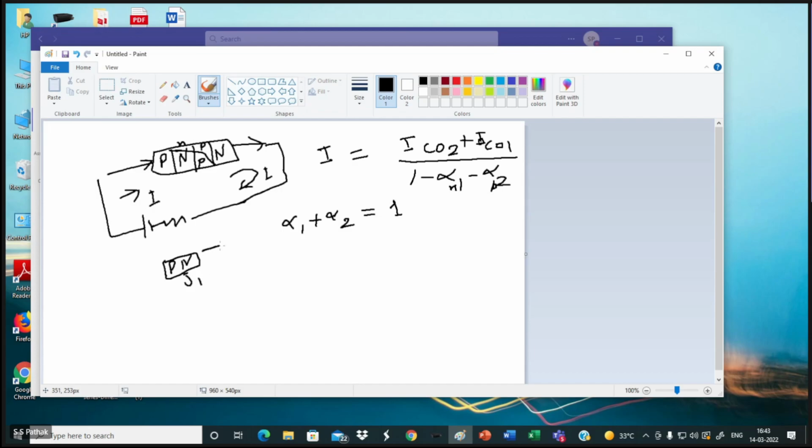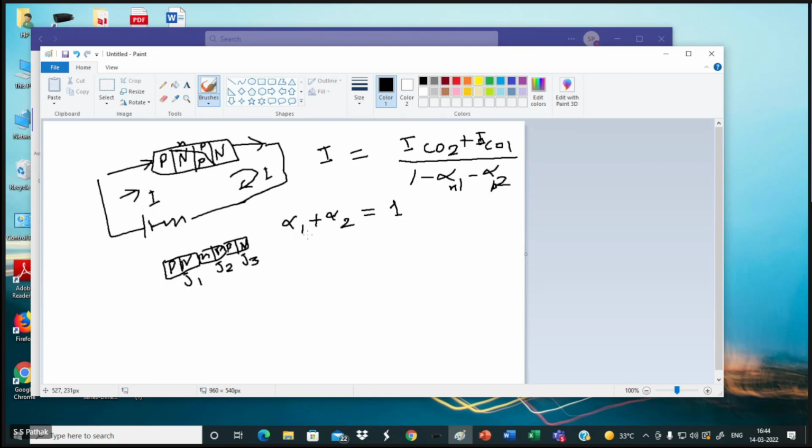There is another junction, another junction is coming here. First junction was here. Another junction, this junction I call it J2. And this is your NP, this is your P, this is your N. So this is my J3.